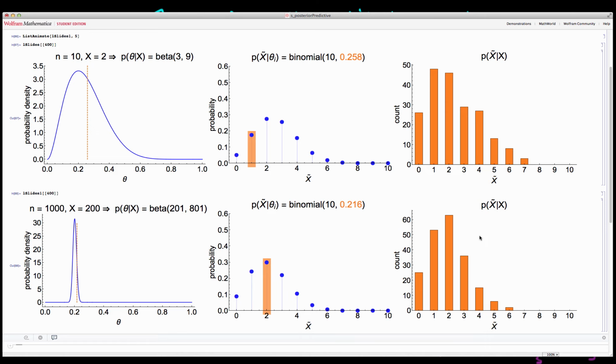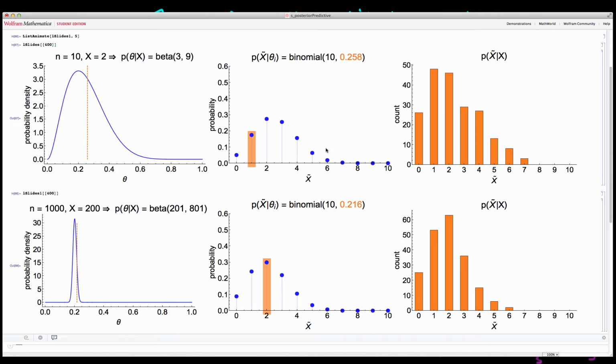So why is that? Well, it's because the posterior predictive distribution represents the uncertainty over two different causes. It represents the uncertainty over our value of theta, which we don't know, and that's what's represented by our posterior, and that's what we represent when we do our first step, where we sample a value of theta from the posterior. But the second source of uncertainty comes from the sampling distribution itself, which comes from a binomial distribution here.